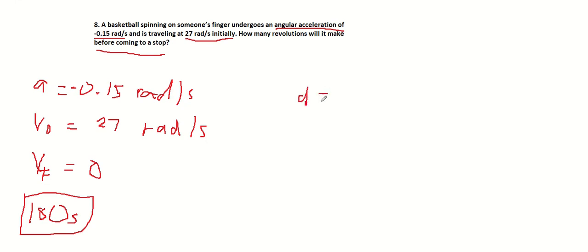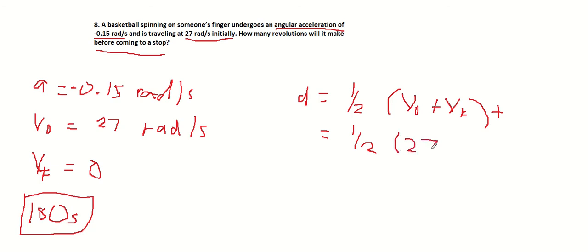D is equal to 1/2 times sa V sub O plus V sub F times natin doon sa time. So, ngayon may time na tayo, pwede na, kumpleto na. So, 1/2 times doon sa initial velocity which is 27. Yung V sub F natin, 0 lang naman. So, wag na natin pansinin. Times natin dun sa 180.